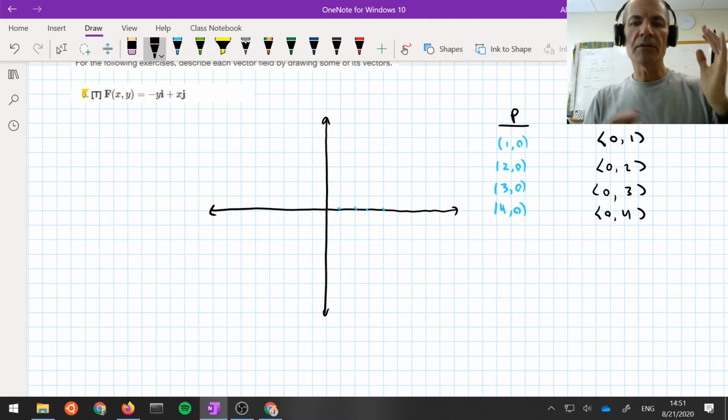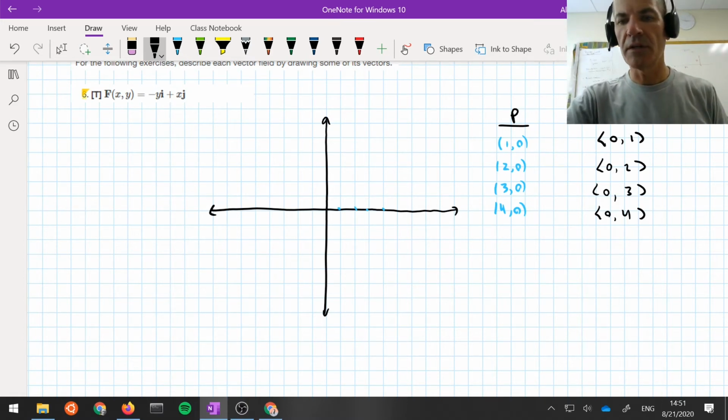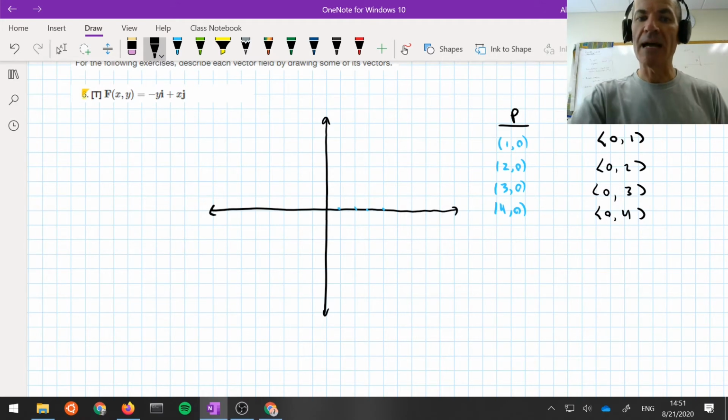Now, the scale is up to you. I'm going to just use the same scale as the grid here, but scale is really a big issue when you're visualizing vector fields. You might want to really shrink the scale down or really blow it up depending on the magnitudes of the vectors that are in play here. So let's do these guys.